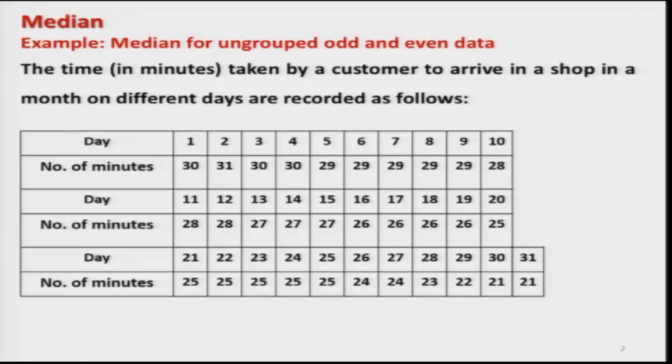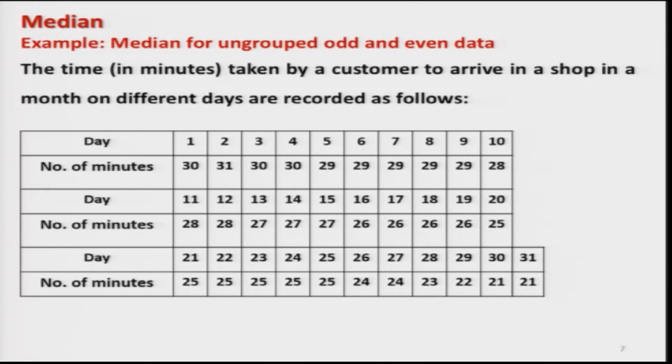One can write a small program or function to compute such a thing, but at least I will not be handling it here. So, let us consider this example in which data is collected on the time taken by a customer to arrive in a shop inside a shopping mall, and this time is recorded on different days of the month.